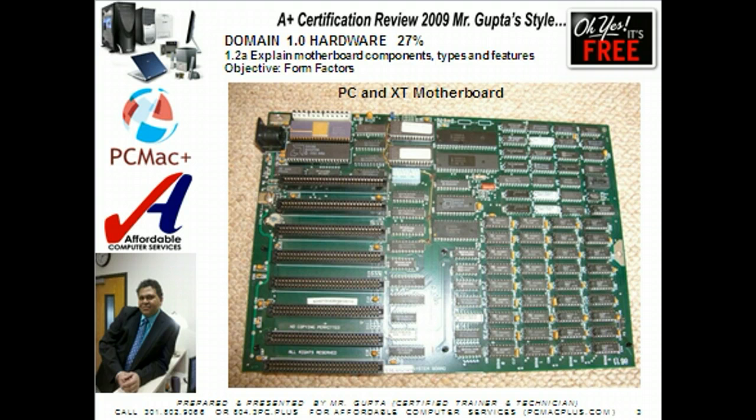Both the IBM PC and XT motherboards were 9 inches by 13 inches in size. Also, the slots were 0.8 inches apart in the XT instead of 1 inch apart in the PC.